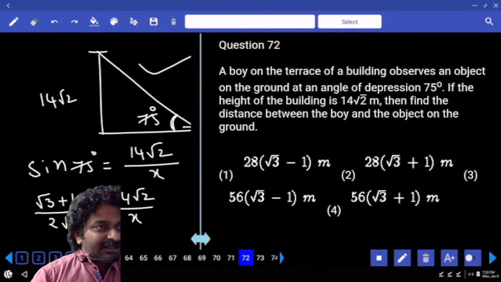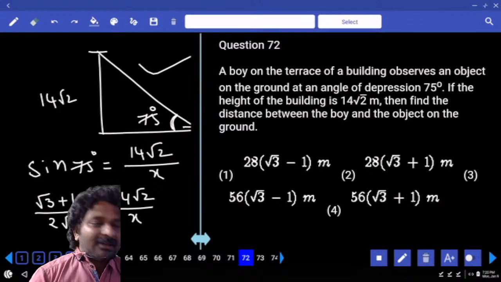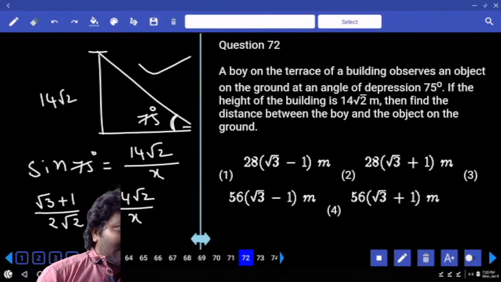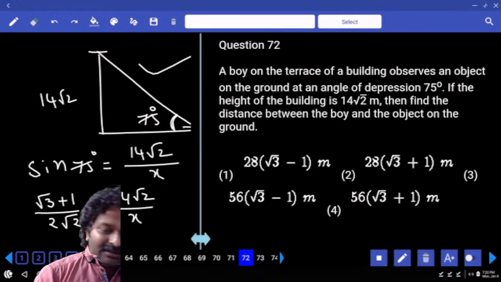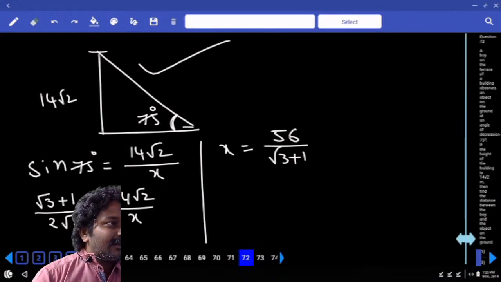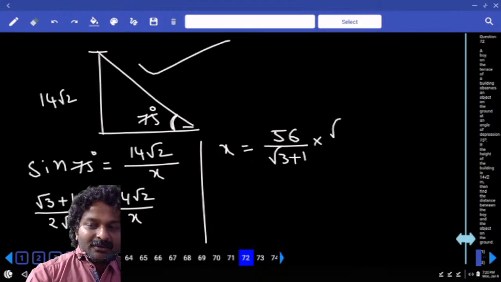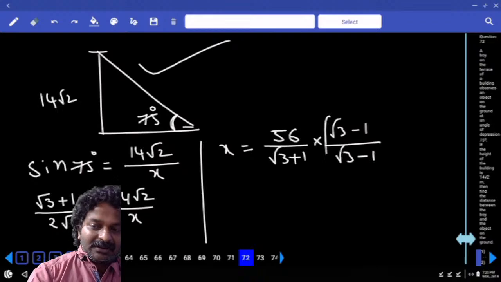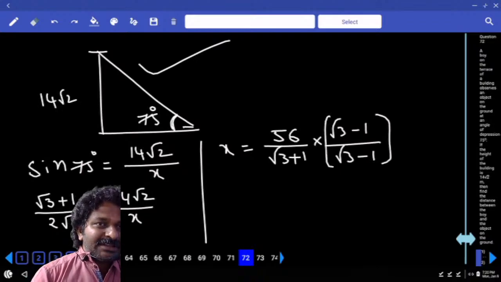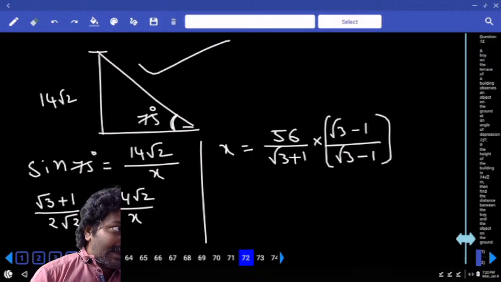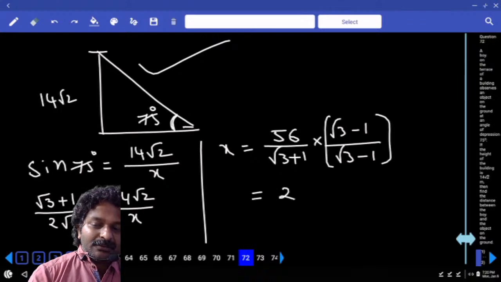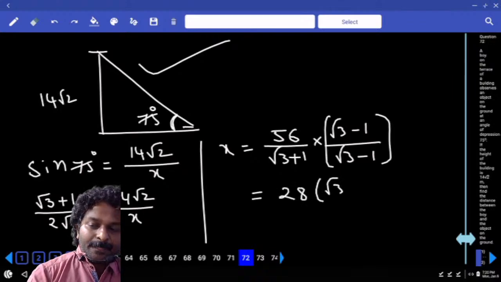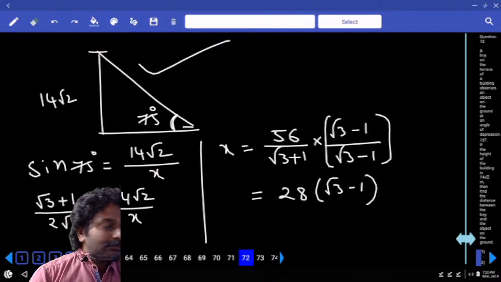Do you have options like this? Denominator is there, so we have to rationalize. Multiply by root 3 minus 1 by root 3 minus 1. The denominator a plus b into a minus b becomes 2. 56 by 2 is 28, so 28 into root 3 minus 1.